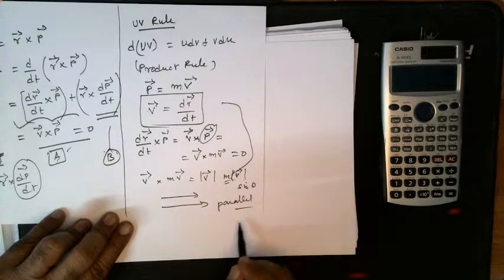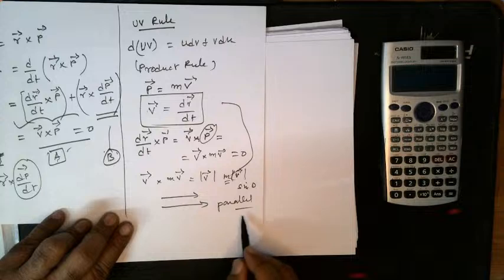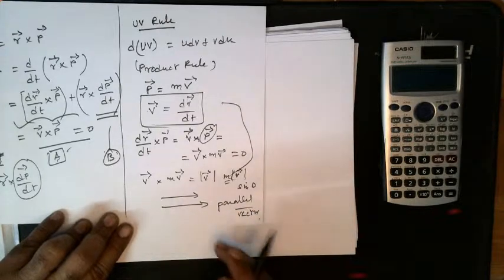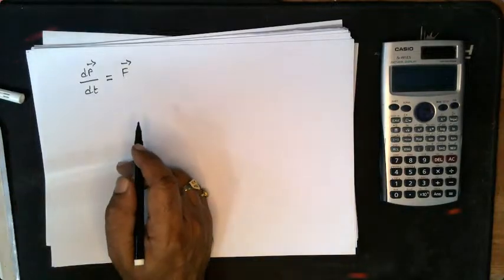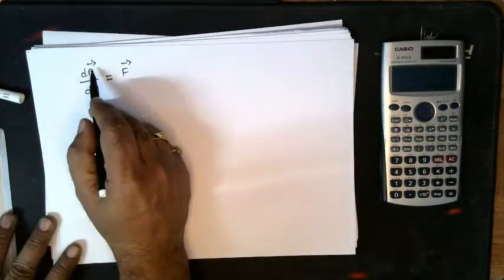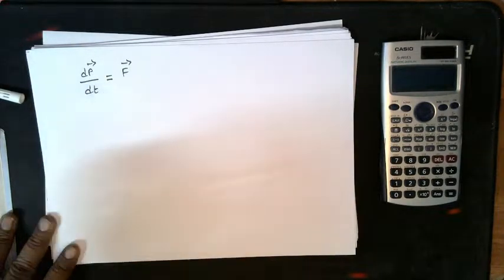For parallel vector, the cross product is 0. Please mention that one. For parallel vectors, the cross product is 0 because theta is equal to 0. So sine 0 is equal to 0. Therefore, it is 0 ultimately. Now we have dp by dt is equal to f.